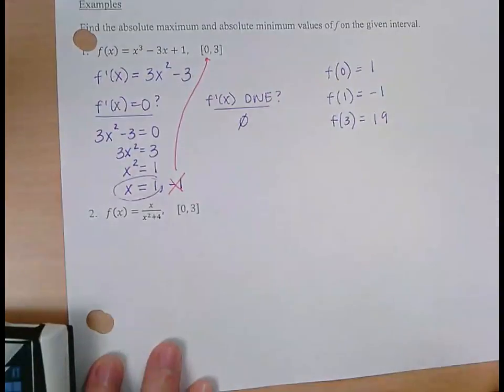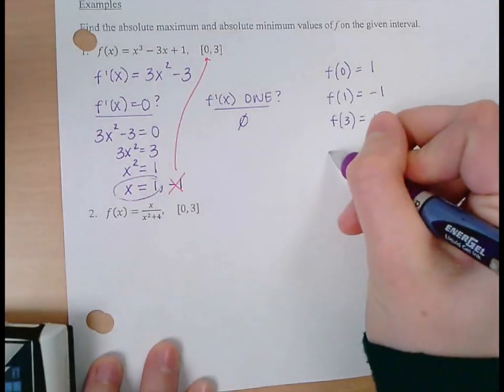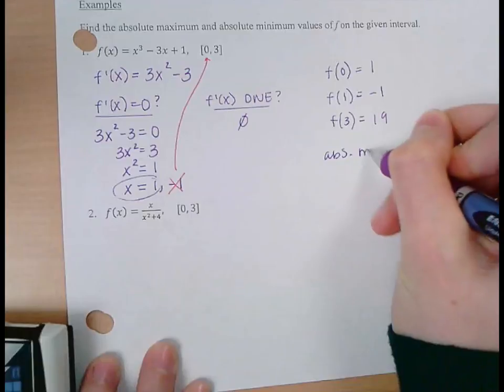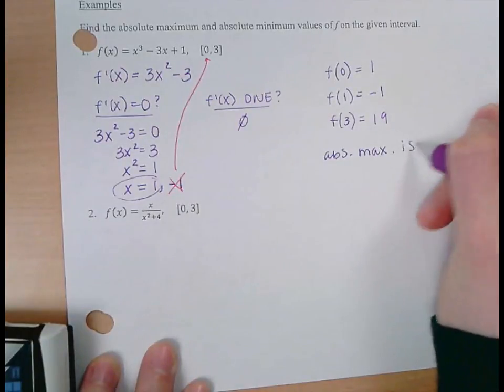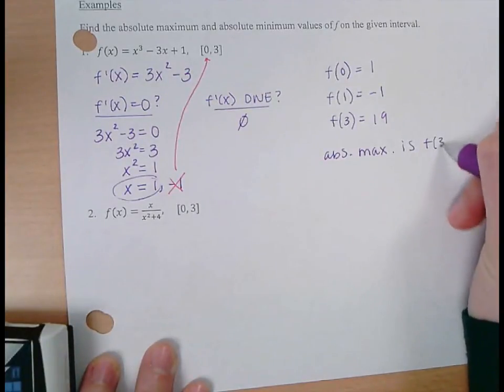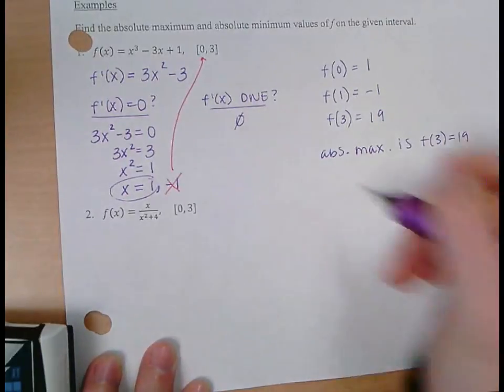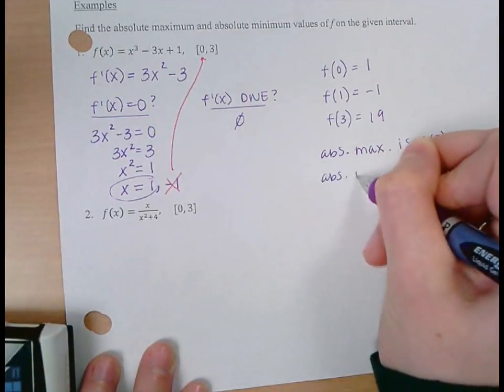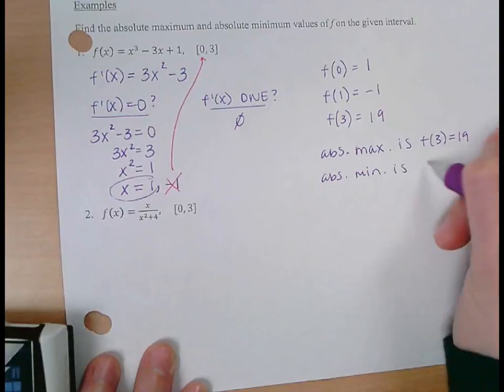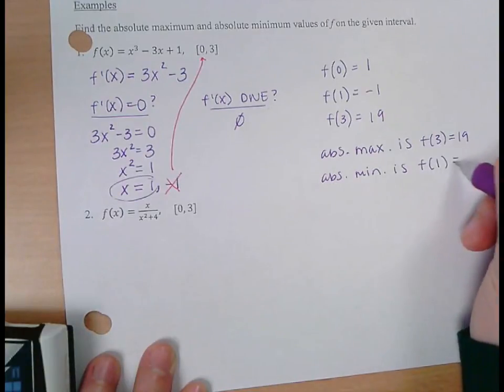So from here, I can see then the absolute max is f of 3 equals 19. The absolute min is f of 1 equals negative 1.